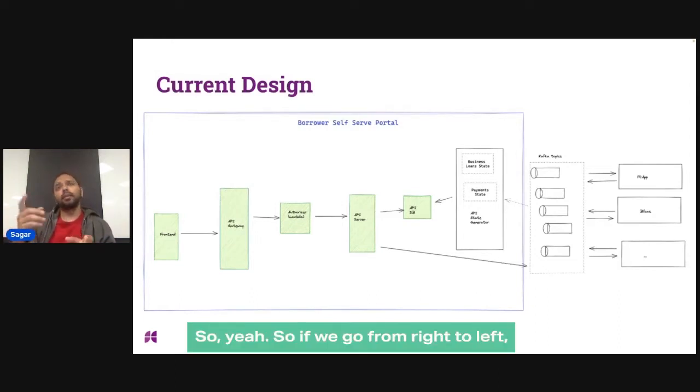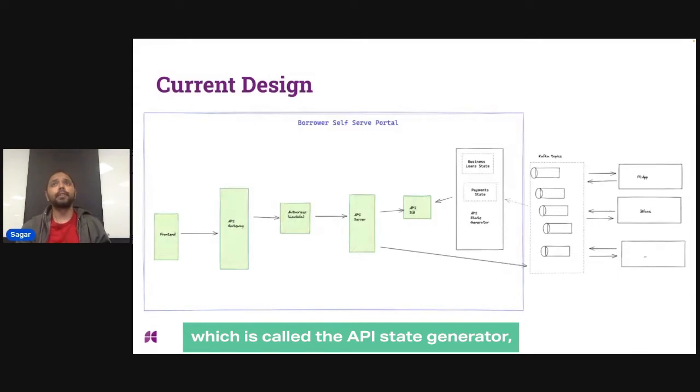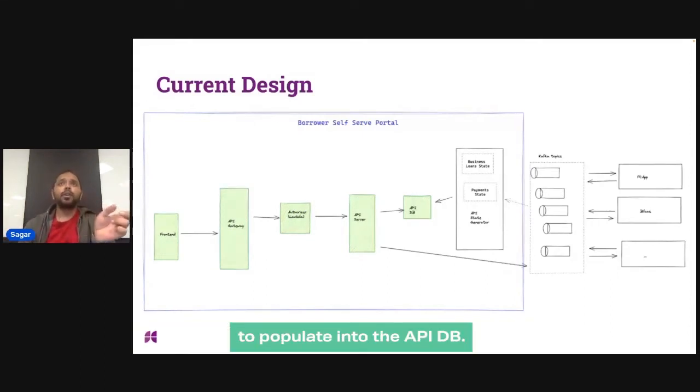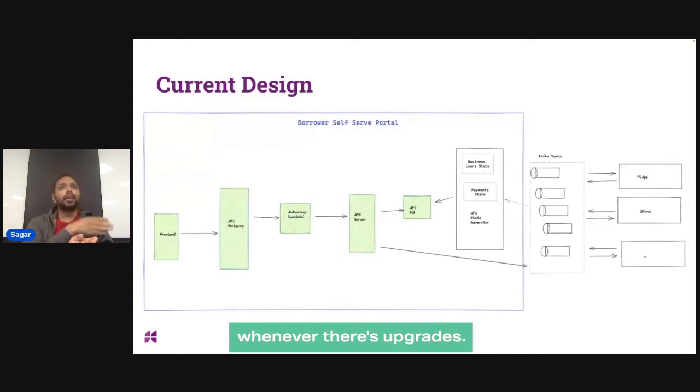So if we go from right to left, we see that there is this component in between, called the API state generator, which is reading data from the various Kafka topics to populate it into the API DB. And your API server reads from the API DBs whenever there are queries.